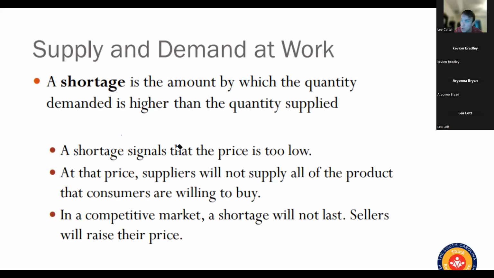So if you had a big shortage on something, that means your price is too low. At that price, suppliers aren't supplying all the product consumers are willing to buy, and so a shortage won't last because the sellers will raise their price to meet that.